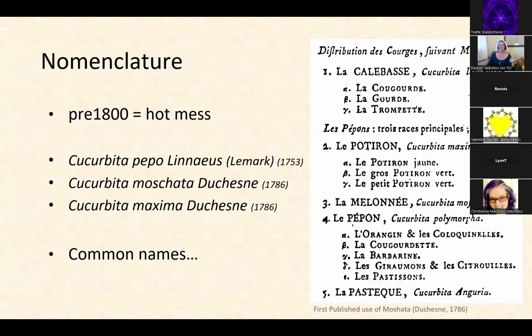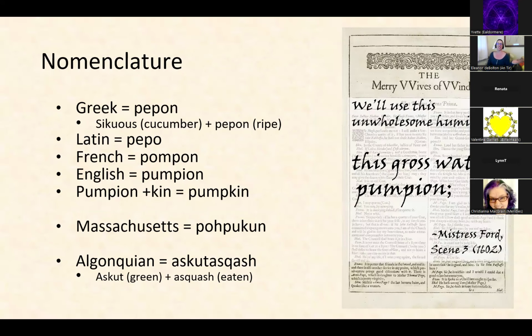Finally, in the 1750s, we start to see binomial nomenclature, and Duchesne blocked them out into these three main groups that we continue with today: the Maxima, the Moschata and the Peepos. So you look at the common names, maybe that'll be better. And no, it's a big mess as well.